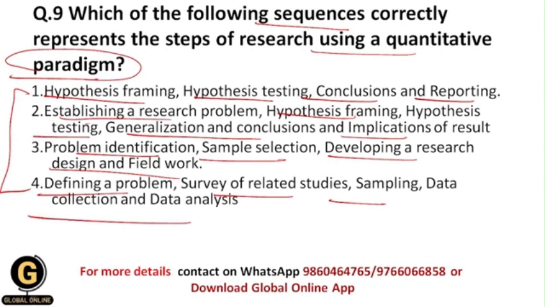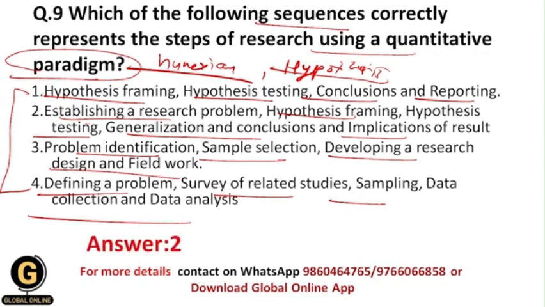Here you have been asked about a quantitative paradigm, and that's why there is first of all the collection of numerical data, then there is a hypothesis, then testing of the hypothesis, and statistical analysis.